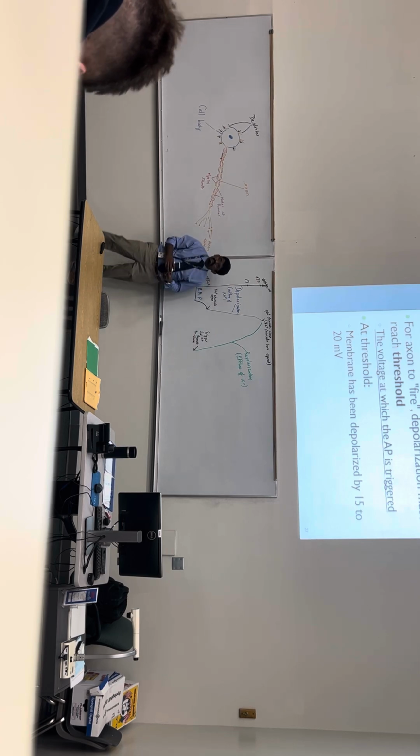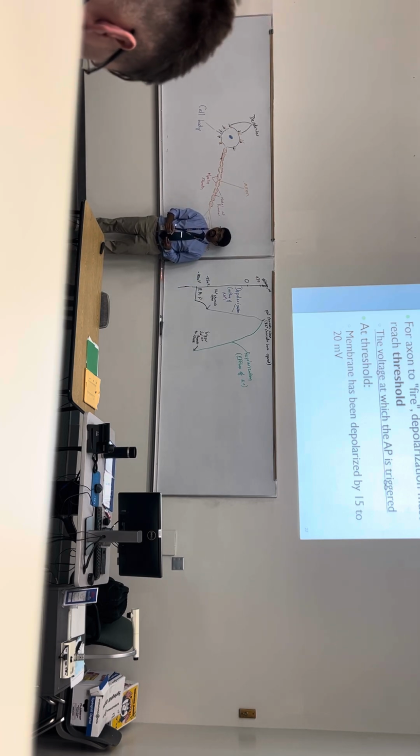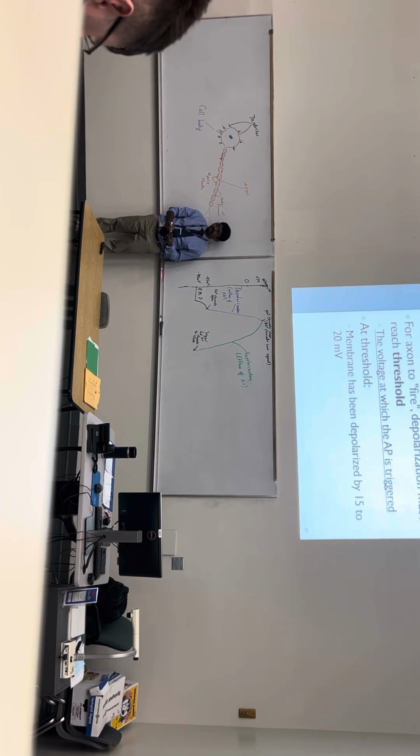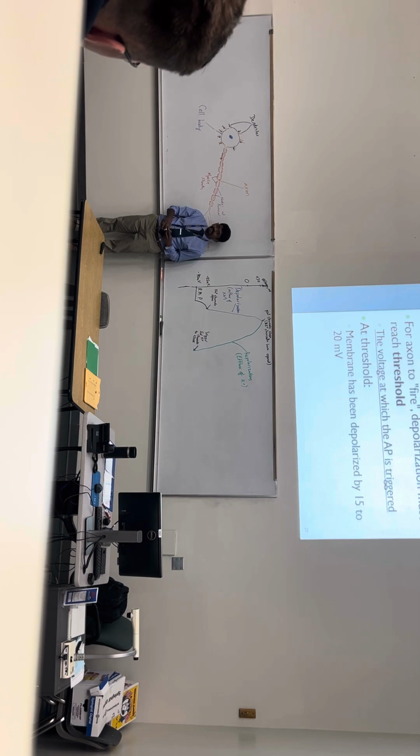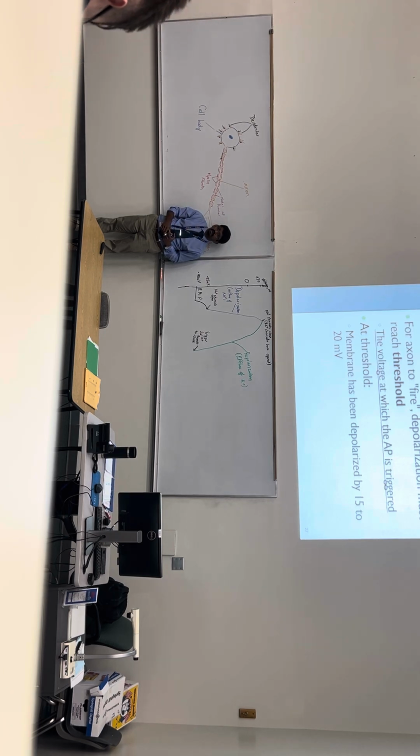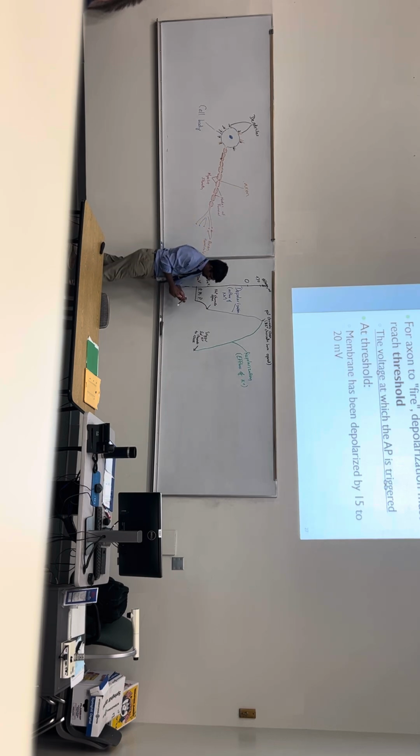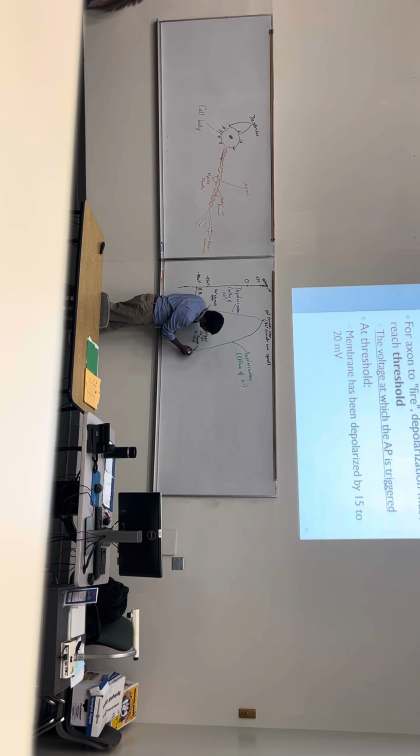What will that mean? They're not closed yet. Which direction will potassium move? Out of the cell. You're going to lose more potassium, so you're going to have hyperpolarization. So the third step in the action potential is hyperpolarization.